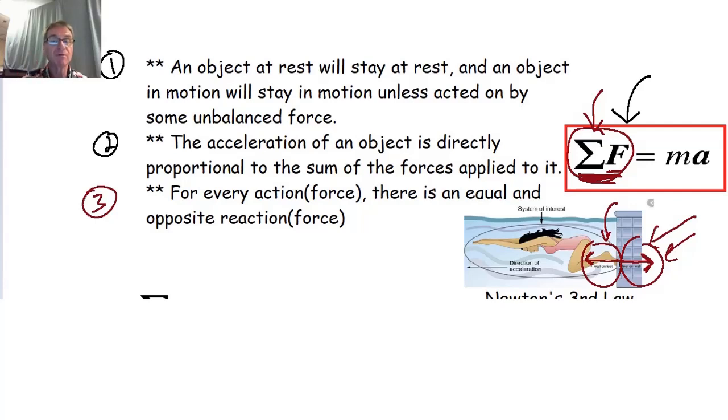Remember that when we write our equation for the second law, we have to write an equation in the x dimension and in the y dimension if there are forces in each of those dimensions. And the third law is that for every action or force, there's an equal and opposite reaction.